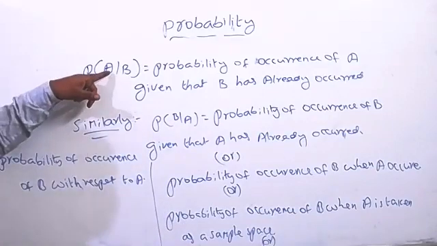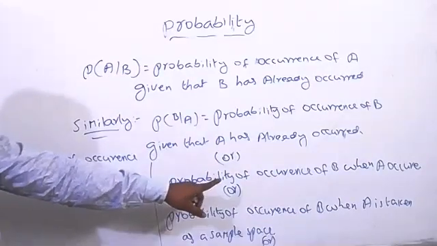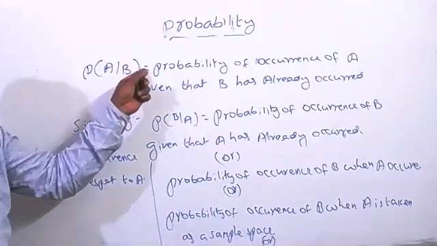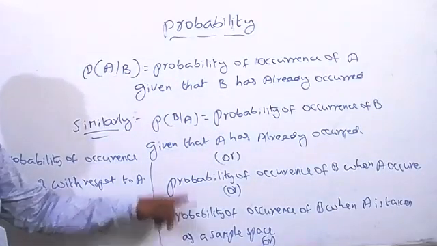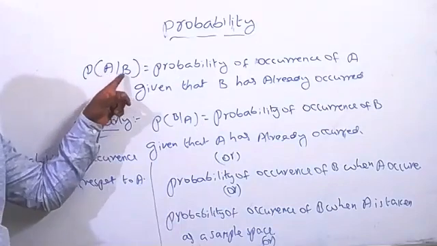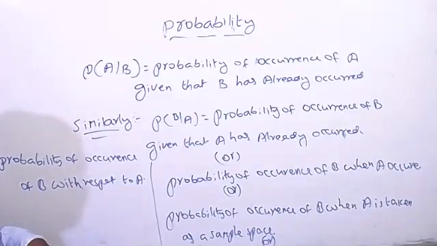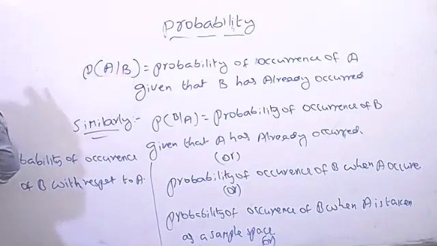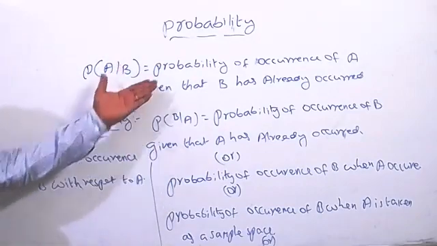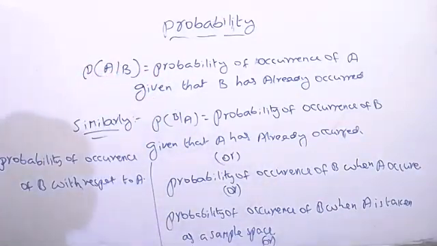In the same way, for probability of A by B, what will you write? Probability of occurrence of A when B occurs, or probability of occurrence of A when B is taken as a sample space, or probability of occurrence of A with respect to B, or probability of occurrence of A given that B has already occurred.